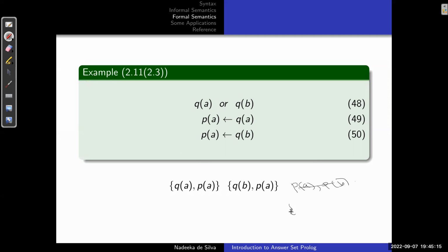Okay, so if I consider I have QA and QB and PA in my answer set, now this answer set also satisfies all the rules, but it is not minimal, because if I remove a subset of that, the answer set still satisfies all the rules. Okay, so it's not minimal. So this is why we take these two answer sets. They are the minimal answer sets satisfying all the rules. Okay.